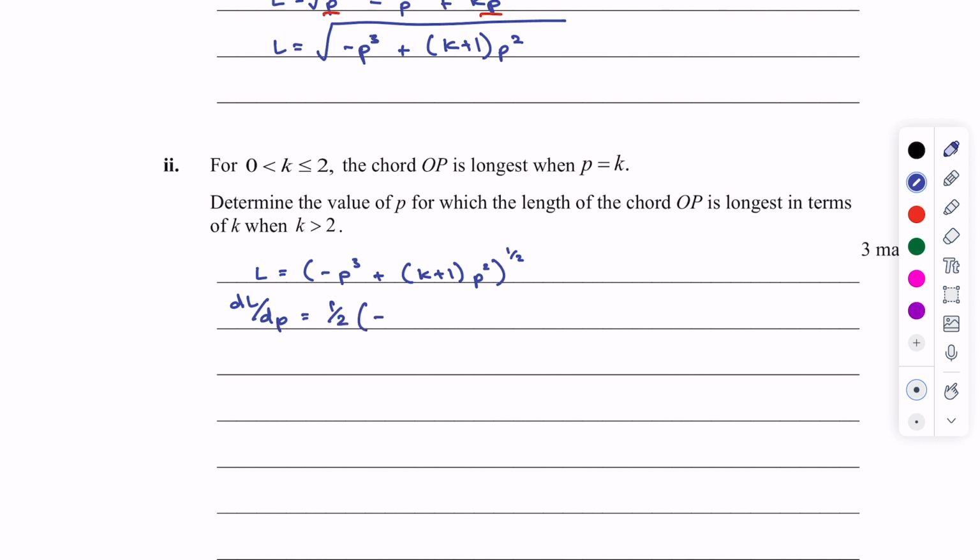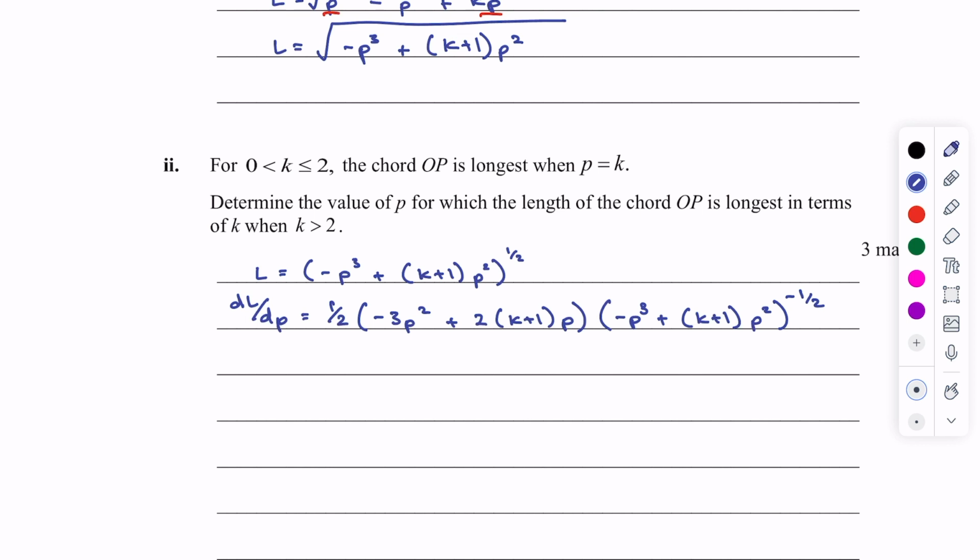Then find the derivative of the bracket, minus 3p squared plus 2 times k plus 1 times p, times minus p cubed plus k plus 1 p squared to the negative a half. It's really important that you get familiar with being able to differentiate using the chain rule without having to use u equals this, v equals this.